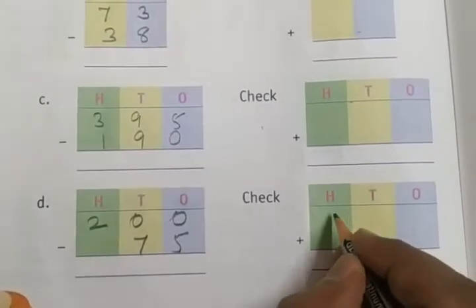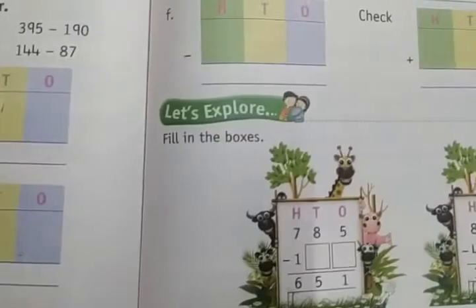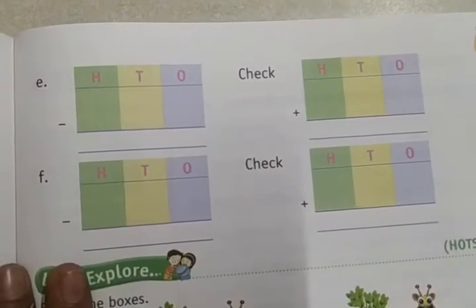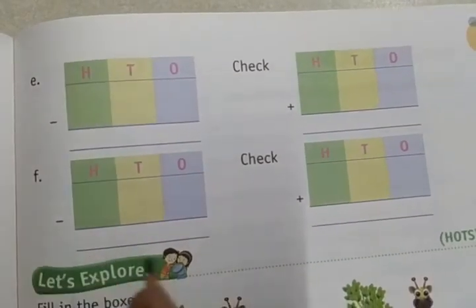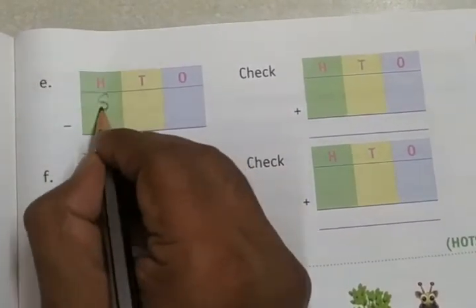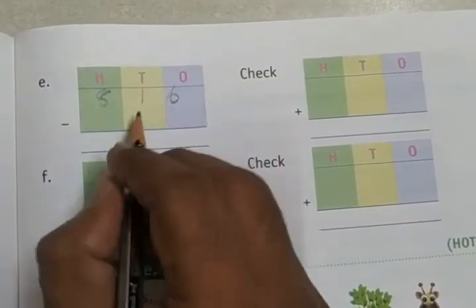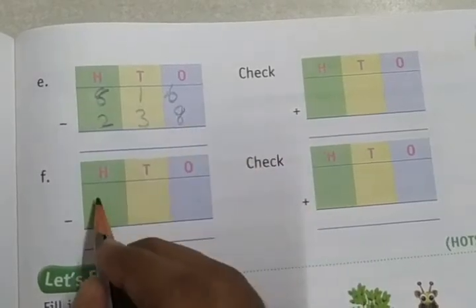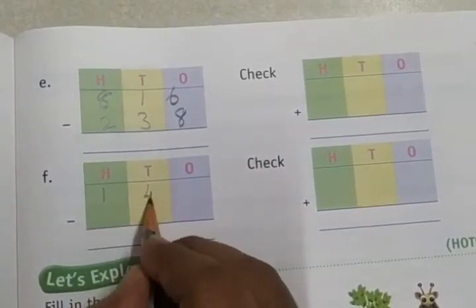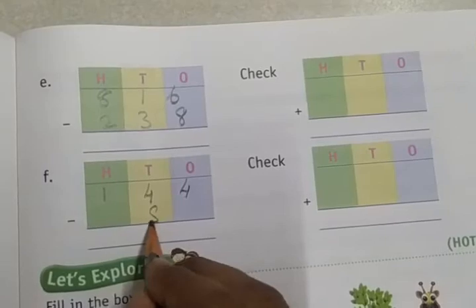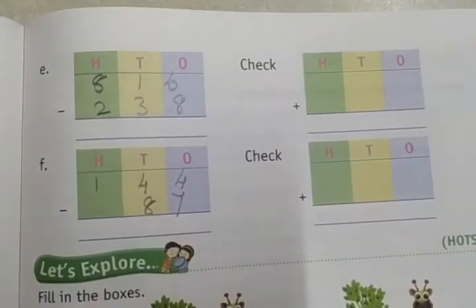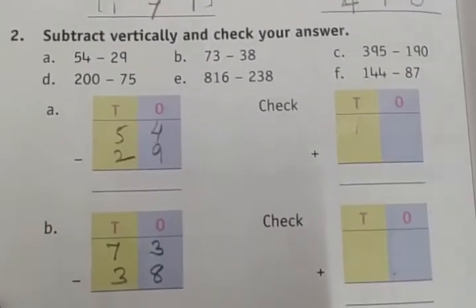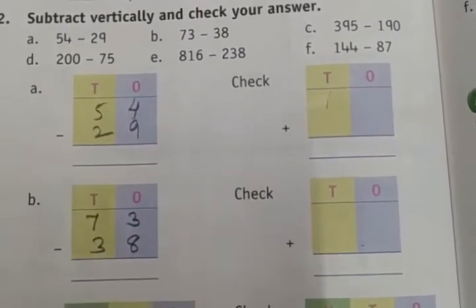Fifth sum is 816 minus 238. Okay, now last sum is 144 minus 87. Okay, we have placed them in the place value chart. Now we have to subtract and cross check.